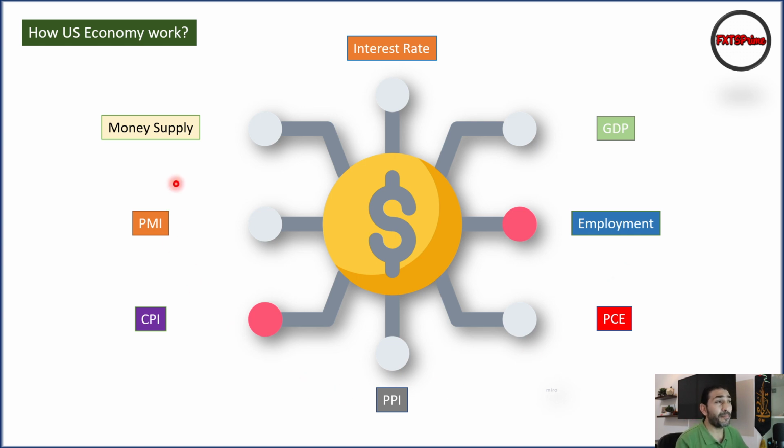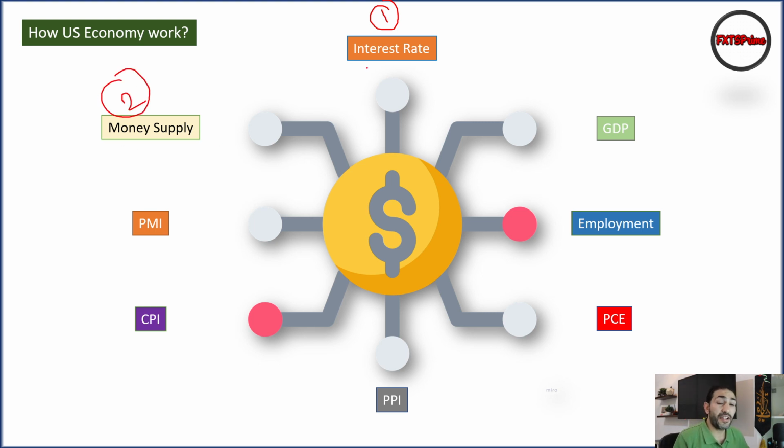Now it is time to tell you how these indicators work together. From this slide, I want you to know that there are six important indicators and two tools: the interest rate and the money supply.